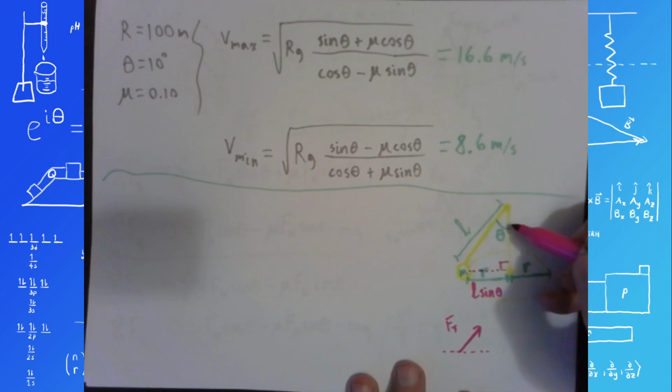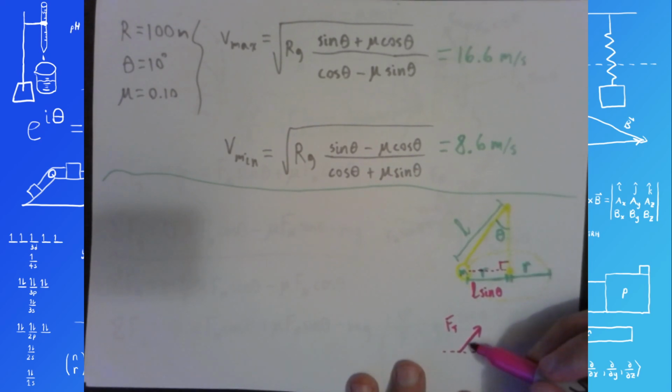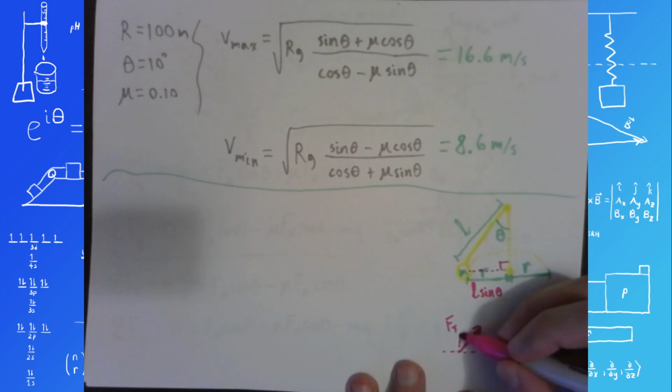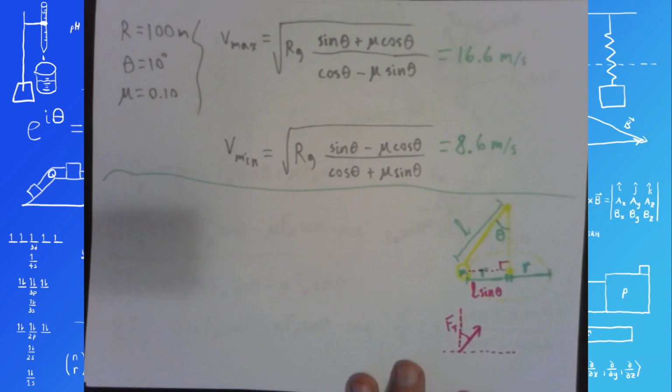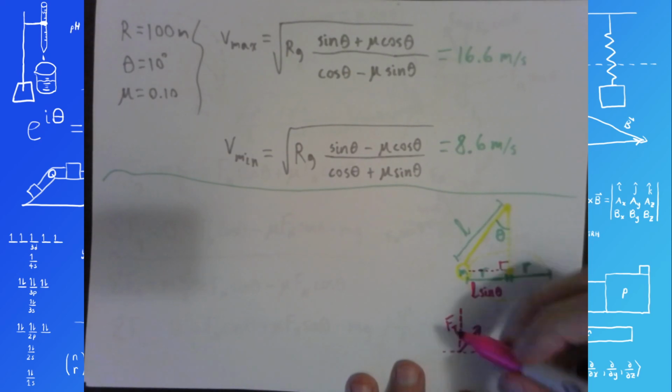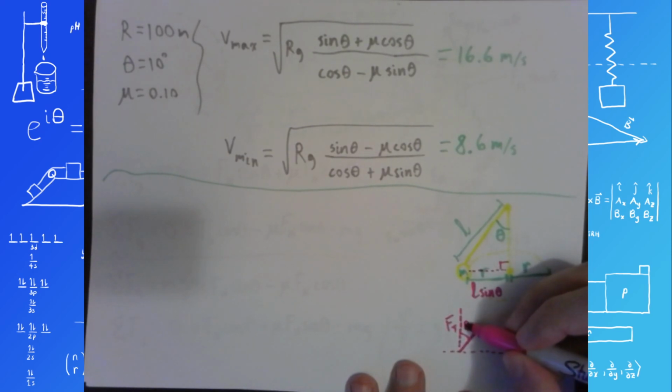If that angle made with the vertical is theta, then this angle is 90 minus theta over here. Or I guess we could also say that this angle is theta. Yeah, I'll go with that. So force of tension points up at that angle, this angle being theta.